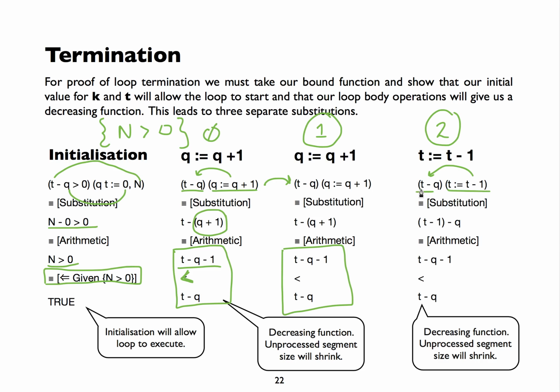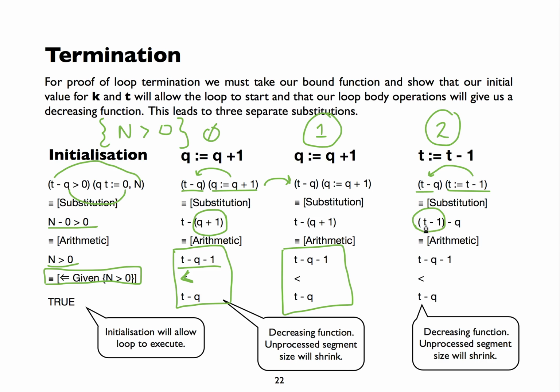So here's the t, that's part of the bound function, and we replace that with t minus 1. Straightforward substitution. Wherever there's a t, put in a t minus 1. I bracket it off to make things clear so that you can see where the substitution took place.